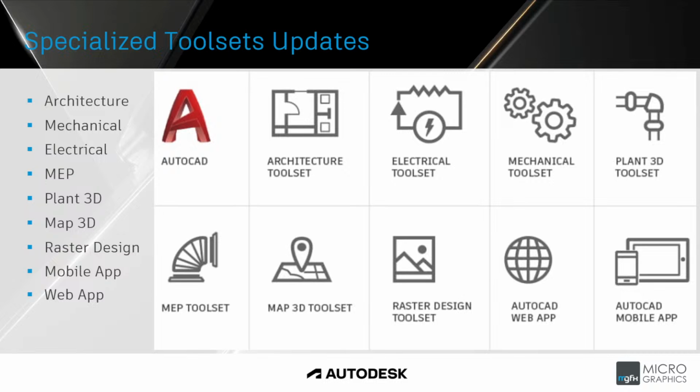Access spatial data stored in files, databases, and web services, and aggregate it with your AutoCAD design data. Raster design toolset uses raster to vector tools to help you edit scanned drawings and convert raster images into DWG objects. As part of the AutoCAD toolset, you can have access via the mobile and the web app.